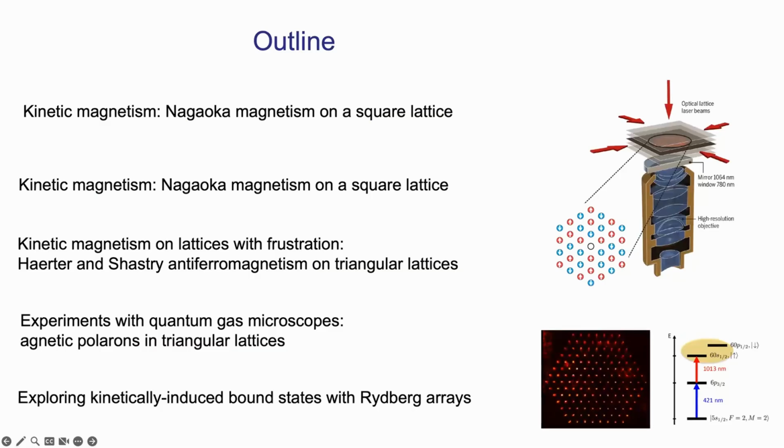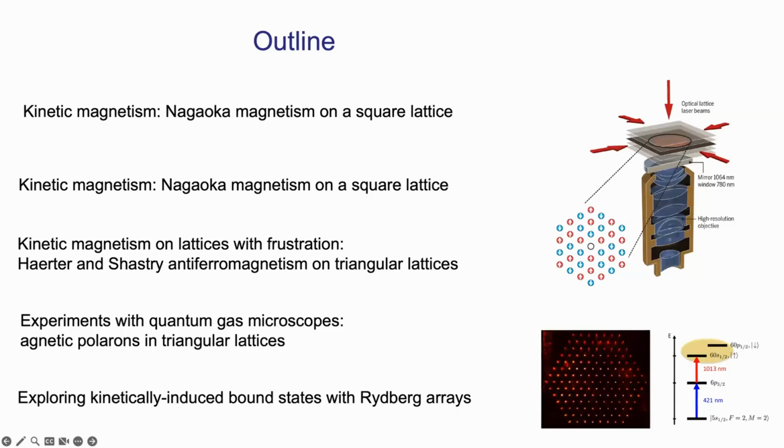I'll just start by reviewing some of the unusual magnetism that has been seen in moiré lattices of transition metal dichalcogenides. And in order to explain this unusual magnetism, we'll talk about the idea that first goes back to Nagaoka of magnetism arising from the motion of charge carriers, and he considered it in the case of the square lattice.